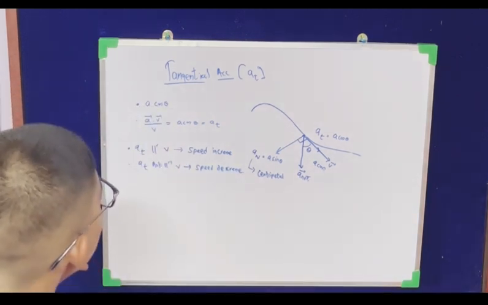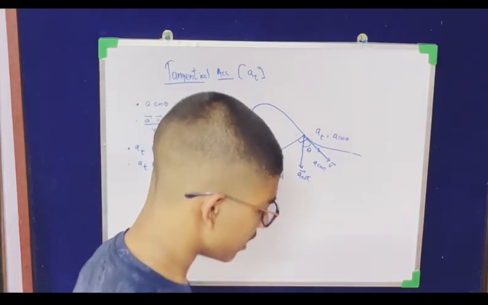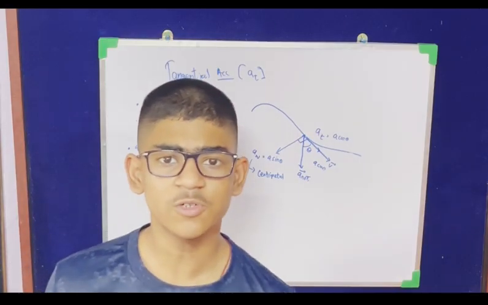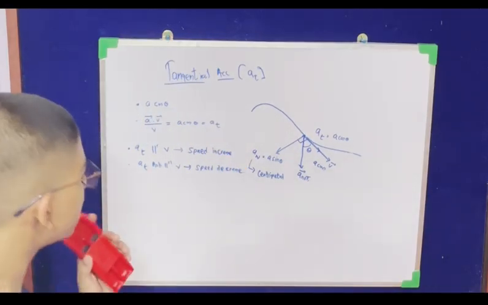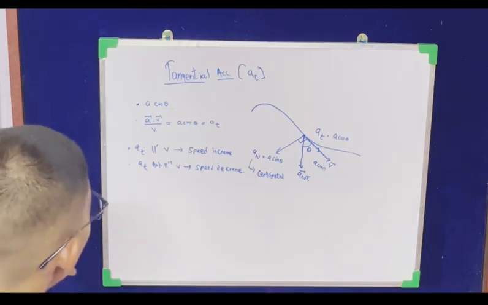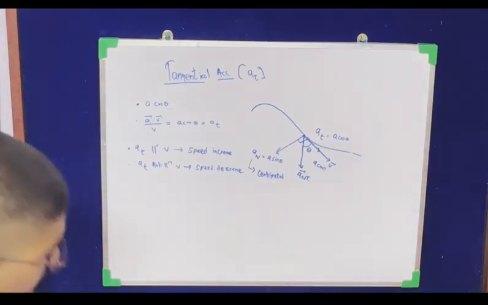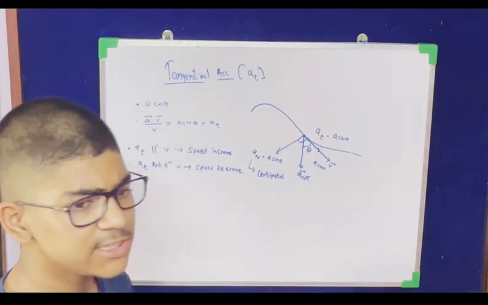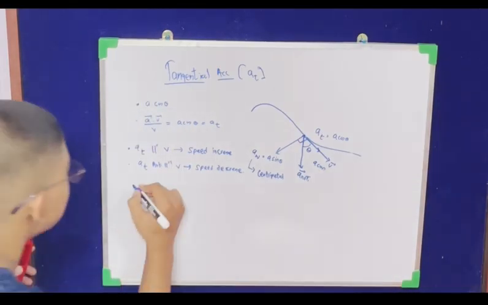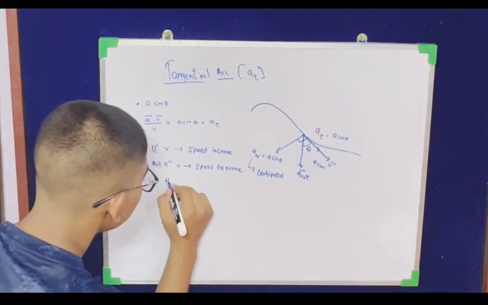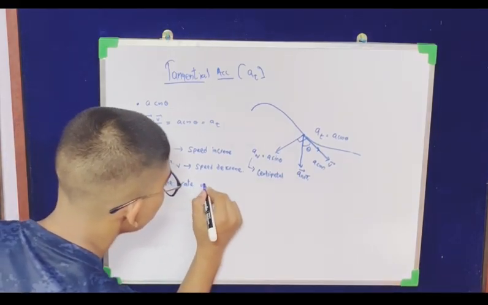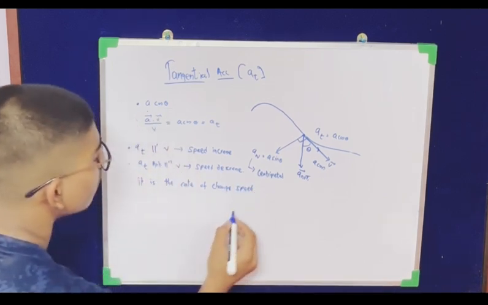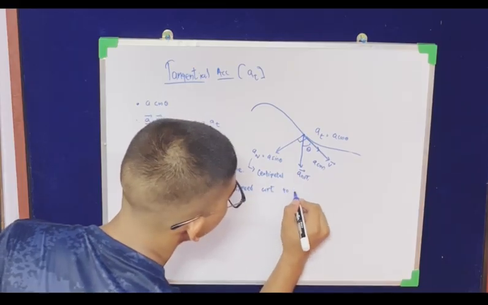So basically, tangential acceleration is there to change the magnitude of velocity, which is to change speed. Now we can define tangential acceleration as the rate of change of speed with respect to time.